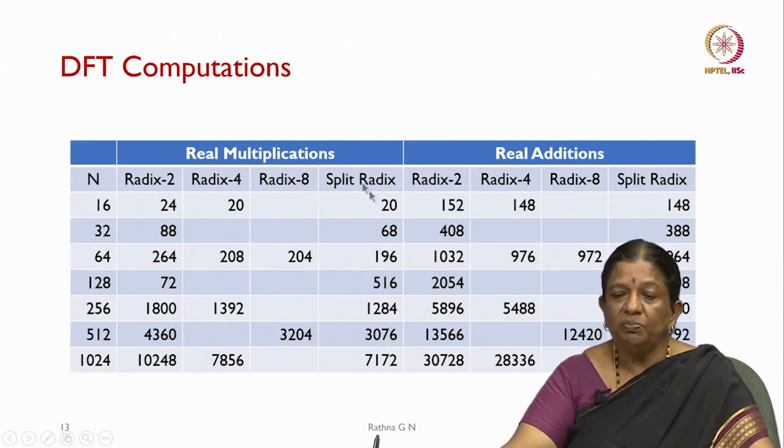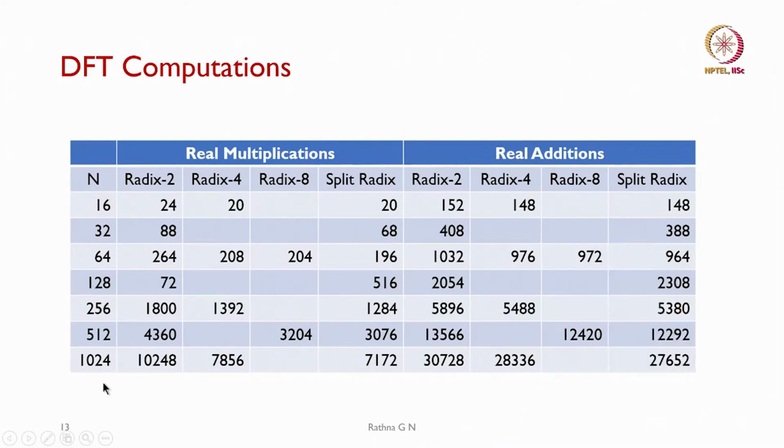So, now to put it together, different radix implementations can be done. If it is a power of 2, some of them take power of 2, some of them are power of 4, some are power of 8.